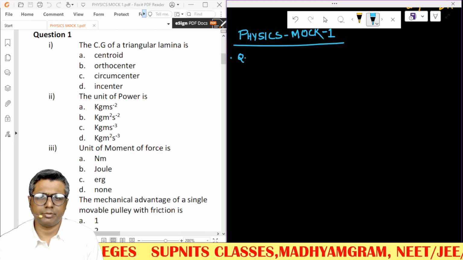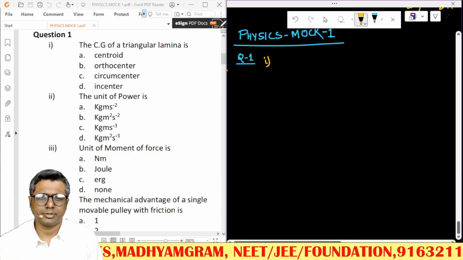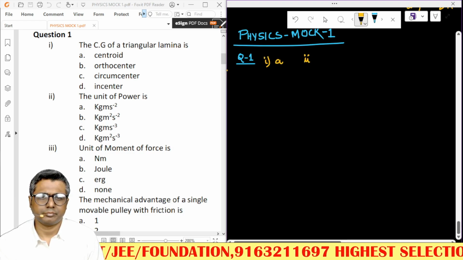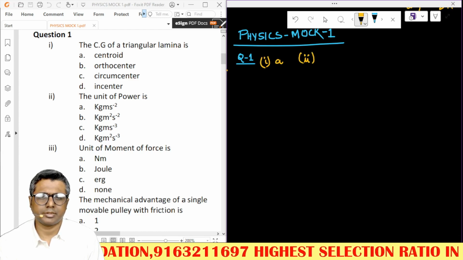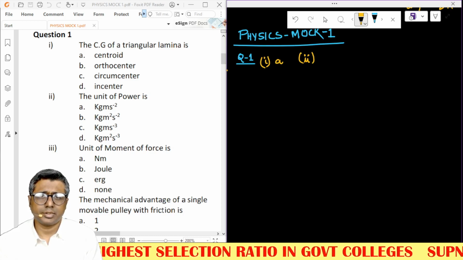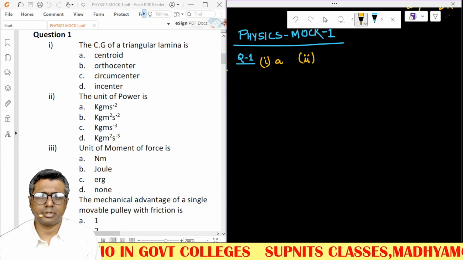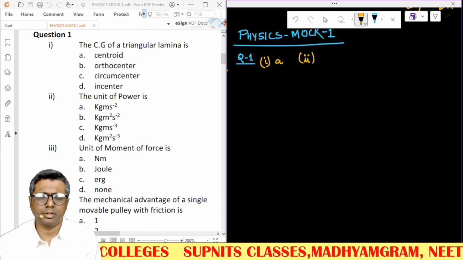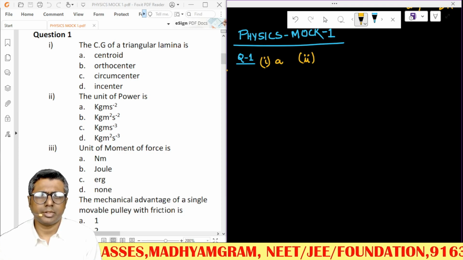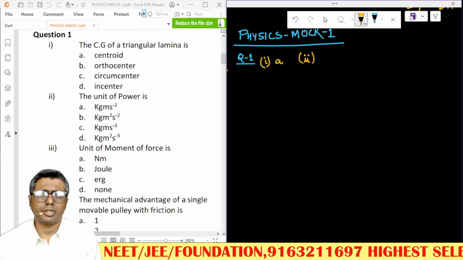So in question number 1, the option will be A. Various geometrical figures whose CG is given in the syllabus, you need to remember them, because at this point of time we are not going to find out the CG of each and every geometrical figure. Rather we have to remember those center of gravity points. Definitely you are going to find those by various calculations in class 11th.